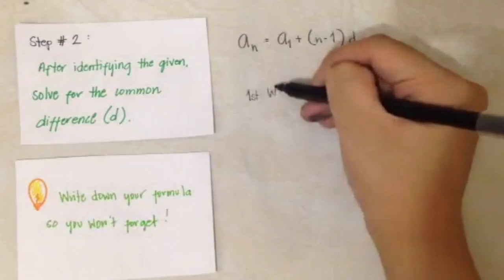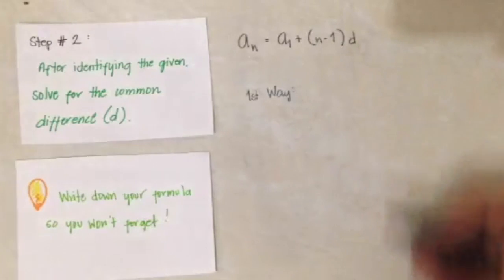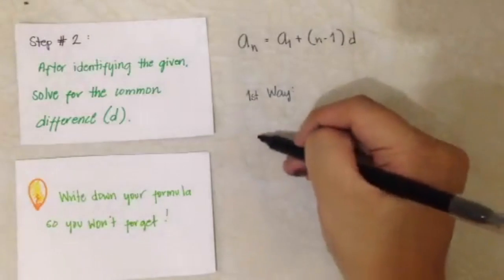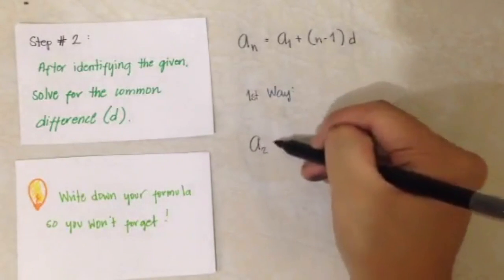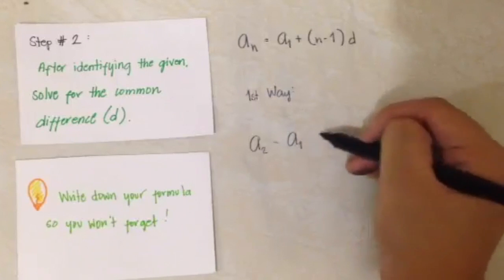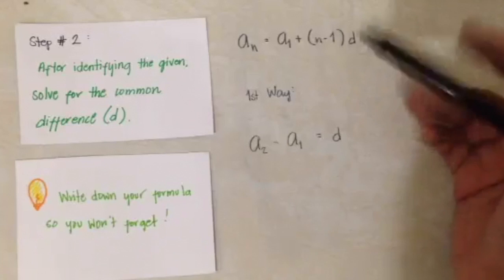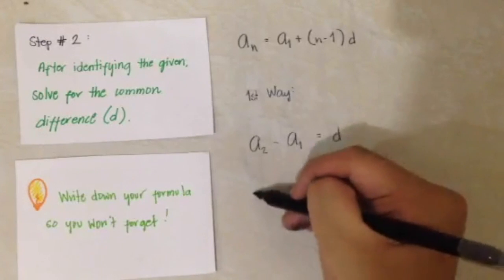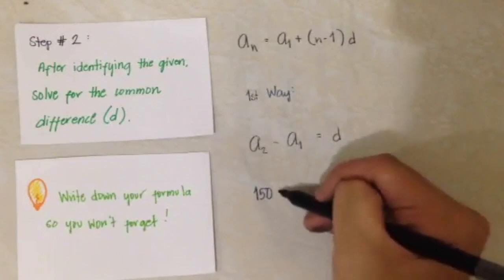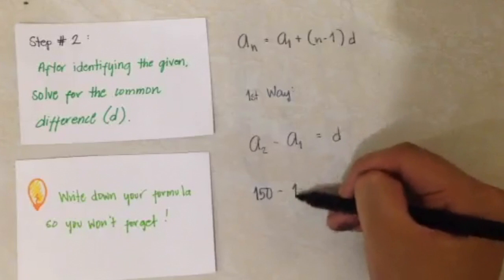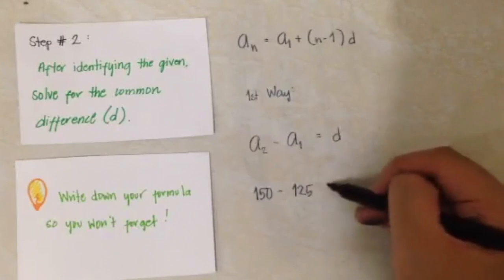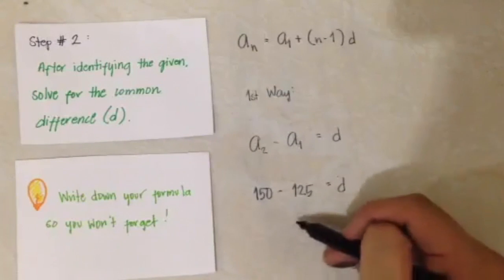The first way is to get the second term and subtract the first term from it to get your common difference. Since both are given, get a sub 2, which is 150, and subtract a sub 1, which is 125. Then simplify.